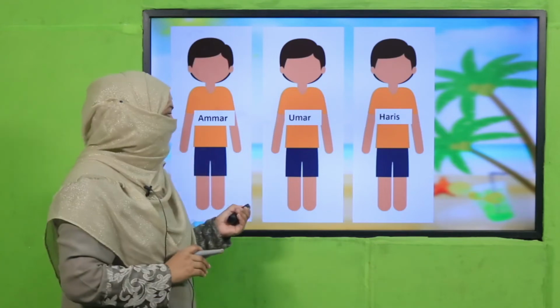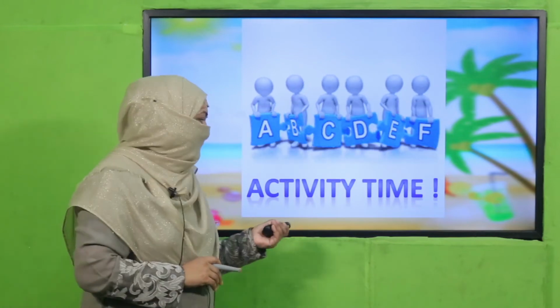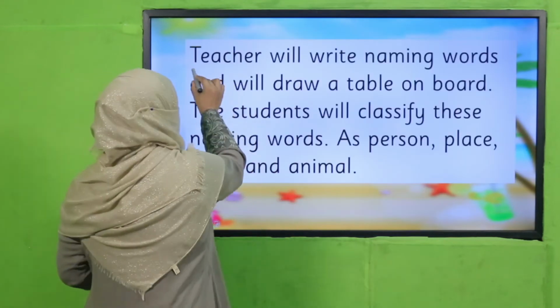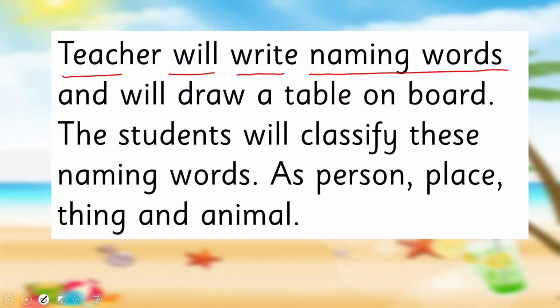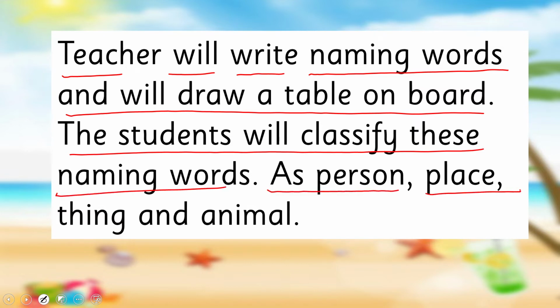All right? Okay. So let's practice this concept through an activity. What we are going to do, your teacher will write naming words and will draw a table on board. The students will classify these naming words as person, place, thing, and animal. Okay?